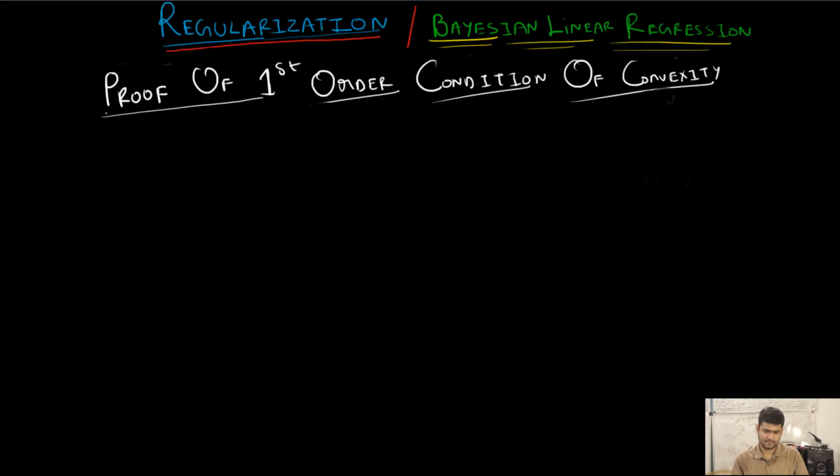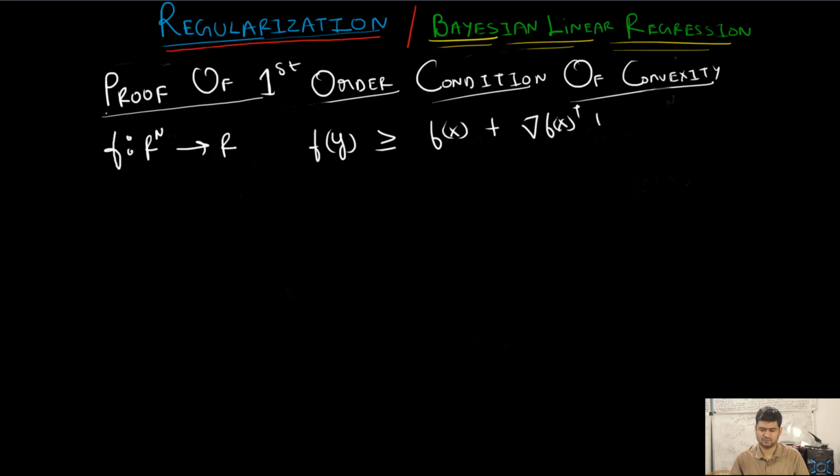So let's assume that we have a function f, which is a mapping from a real vector to a scalar, that satisfies f of y is greater than or equal to f of x plus the gradient of f at x transpose times y minus x, for all x and y that belong to the domain of the function, which is a convex set. So the domain of the function has to be convex.